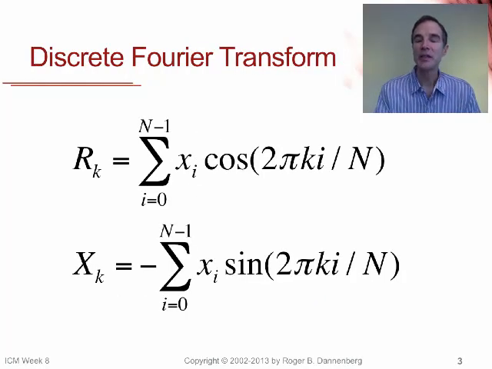The discrete Fourier transform looks just like the continuous Fourier transform, except that we replace the continuous integrals with discrete summation. We replace continuous f of t with discrete x sub i. We compute the cosine signal at discrete points indexed by i, and so on.